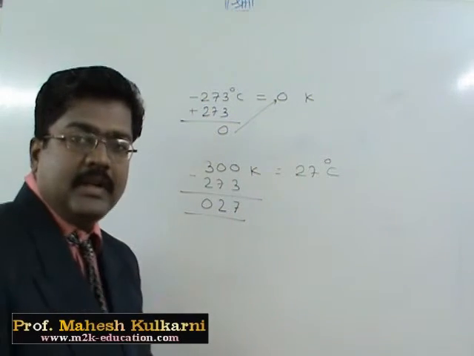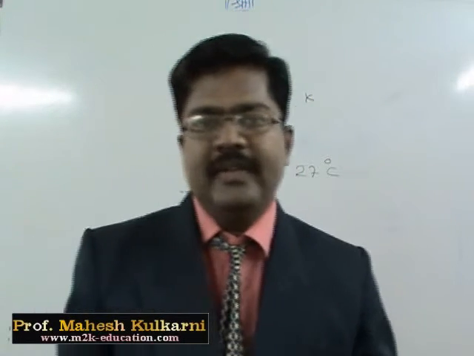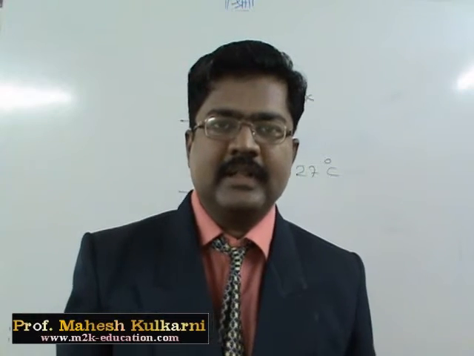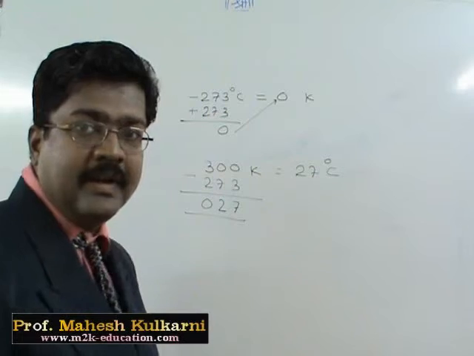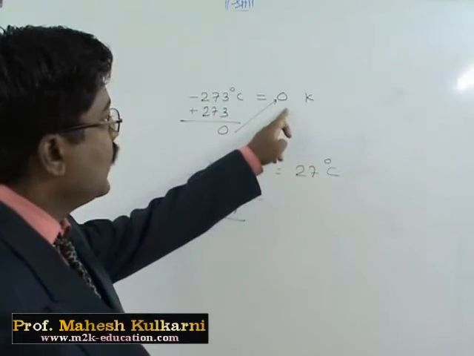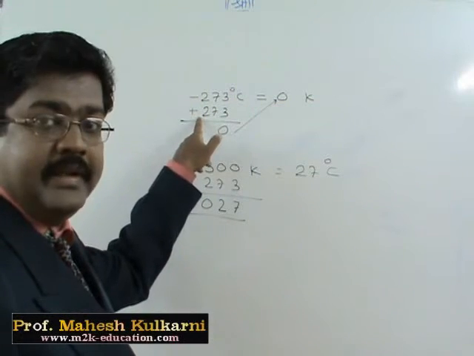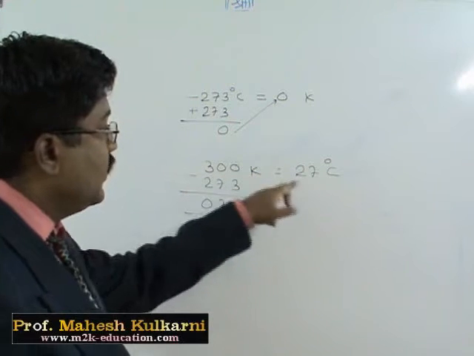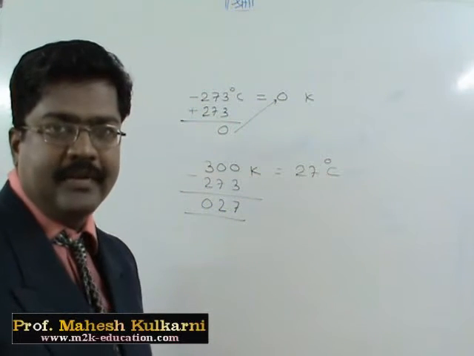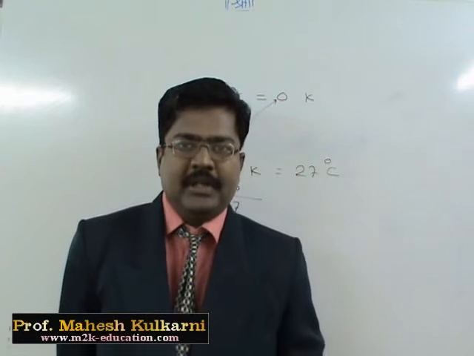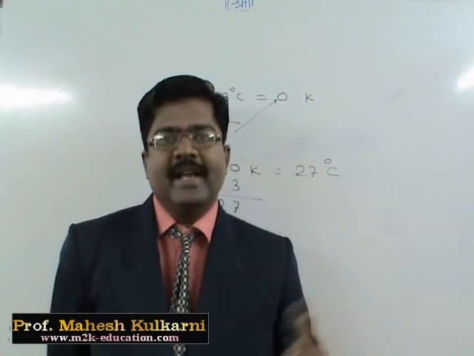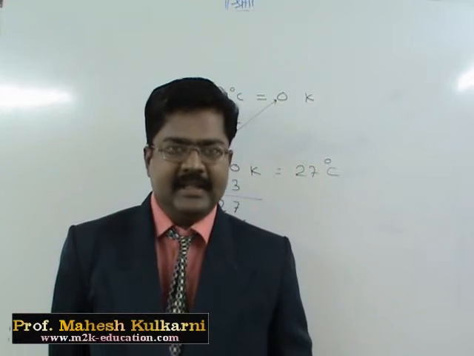So one can convert degree Celsius into Kelvin or Kelvin into degree Celsius. Just keep in mind the difference factor, 273. From degree Celsius to Kelvin we add 273, and from Kelvin to degree Celsius we subtract 273. By this way one can convert temperature between degree Celsius and Kelvin.